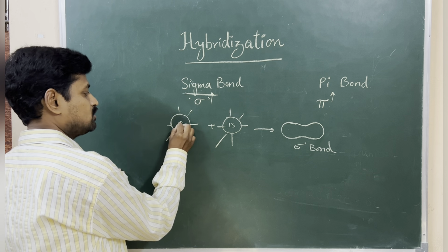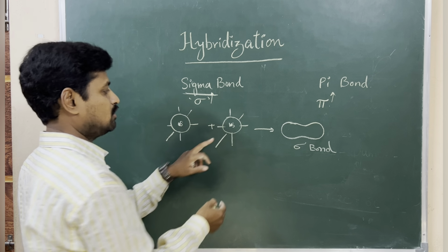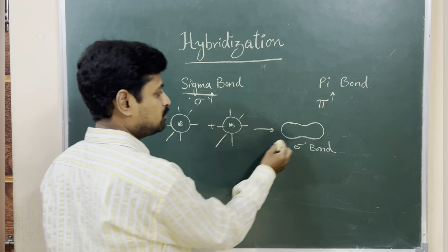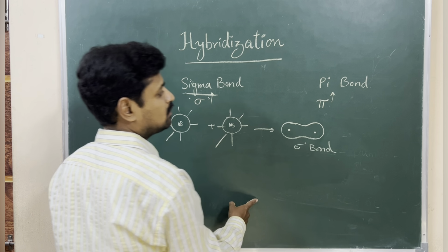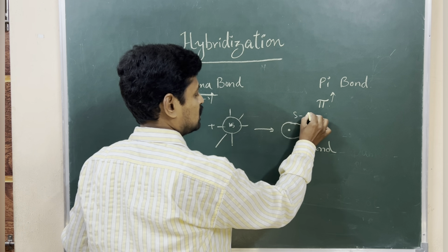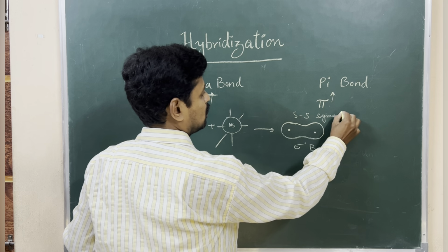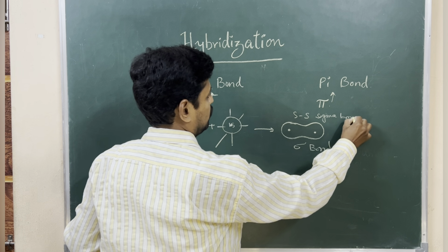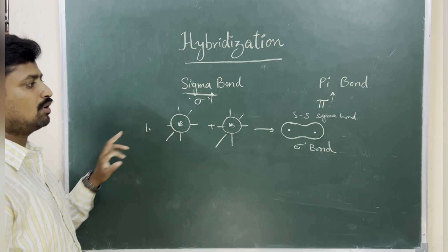The nucleus of 1s and the nucleus of another 1s will combine. Here this is the nucleus of one and this is the nucleus of the other. So this is called ss sigma bond. This is the first sigma bond.